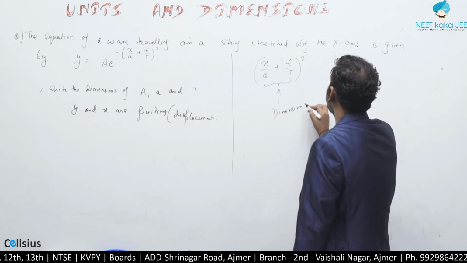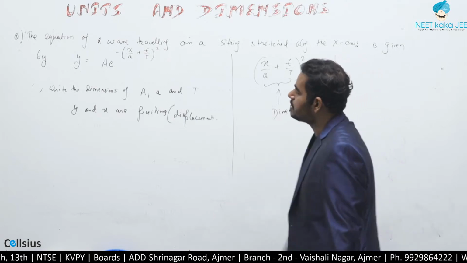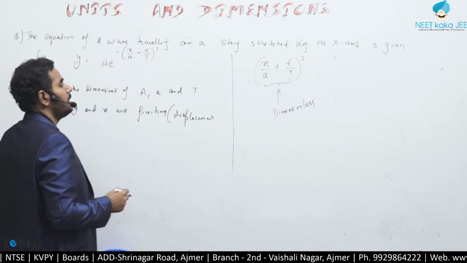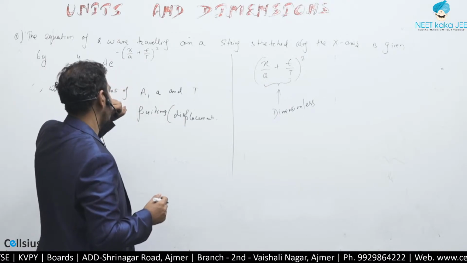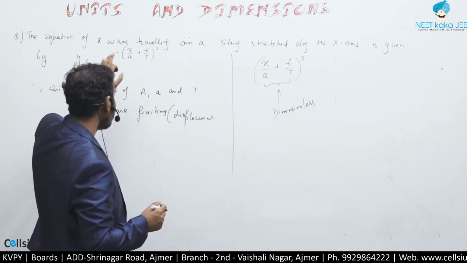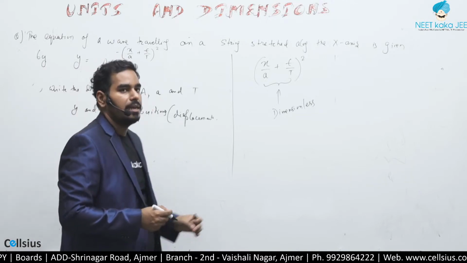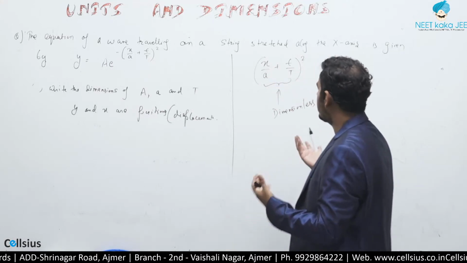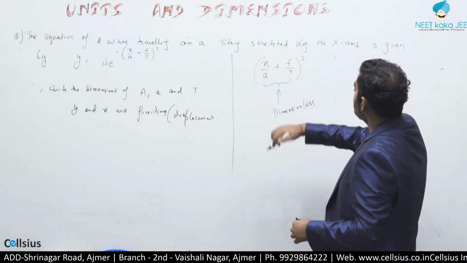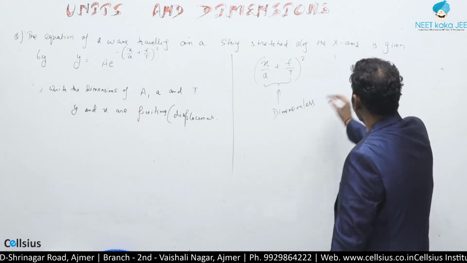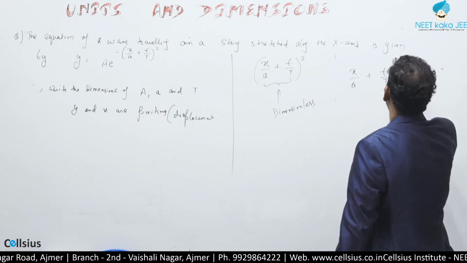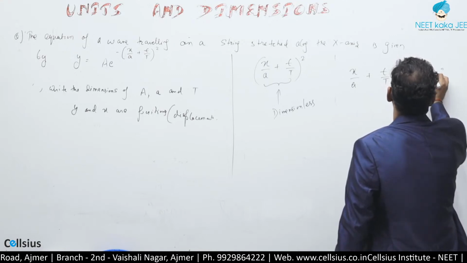Why must it be dimensionless? There is only one reason for this to be dimensionless, and that is because it is in the power of e. I already told that whatever is in the power of e, you will get it as dimensionless. So x by a plus t by t square is dimensionless. This means that x by a plus t by t is equal to m0 L0 T0.